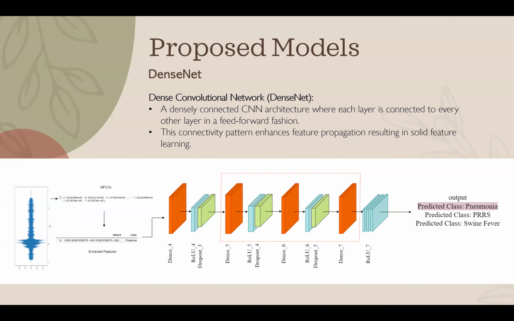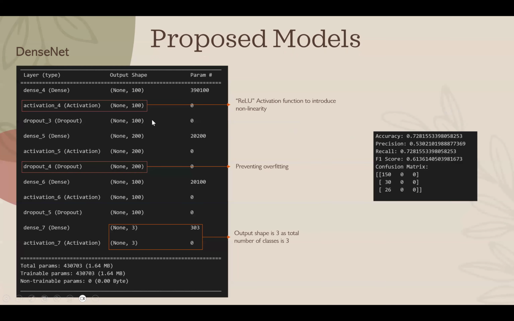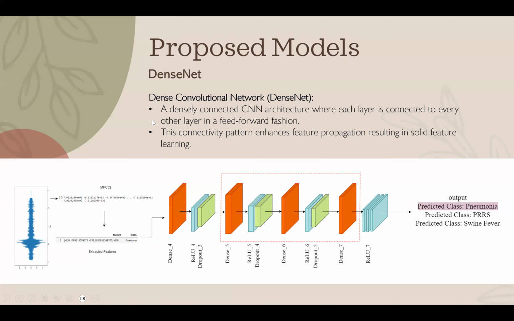The DenseNet we dealt with for the audio files: the DenseNet architecture is a dense convolutional network (DCN), where the nodes are linked together in a specific order, and each layer connects to every other layer in a feed-forward fashion to improve how features propagate, leading to better feature learning.